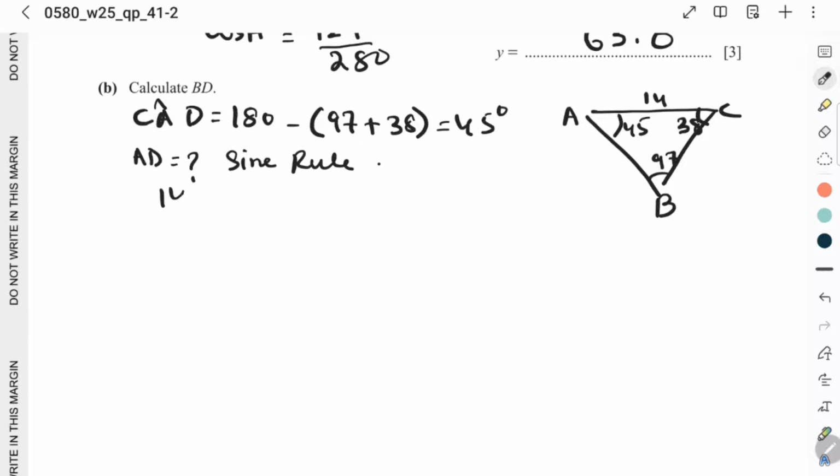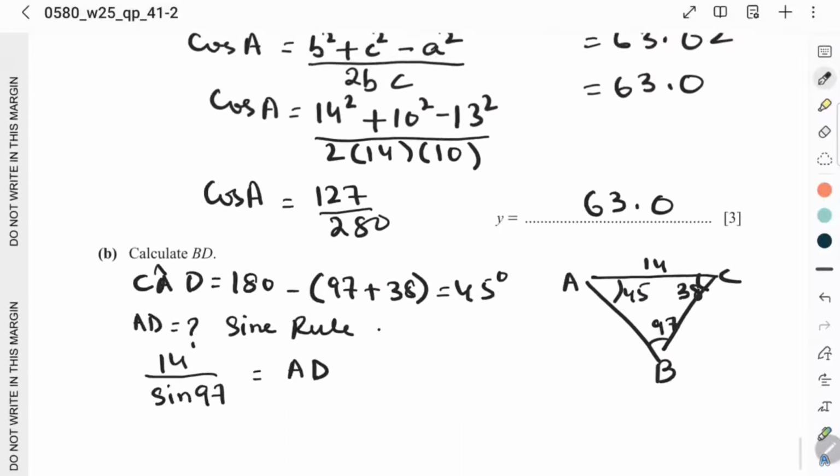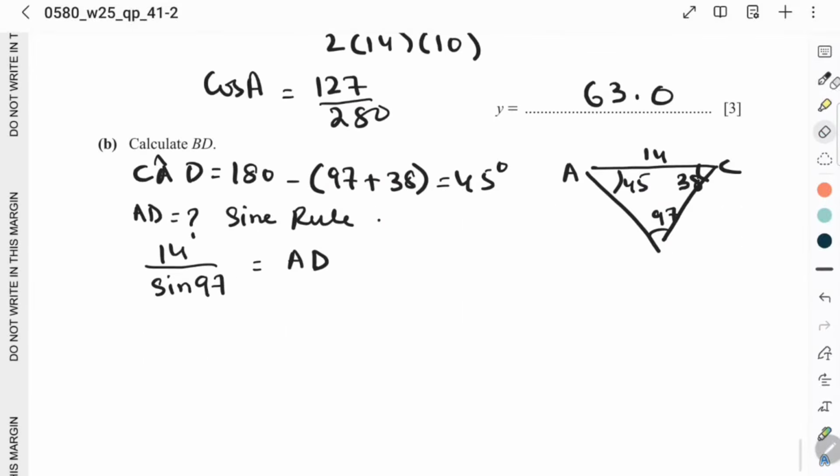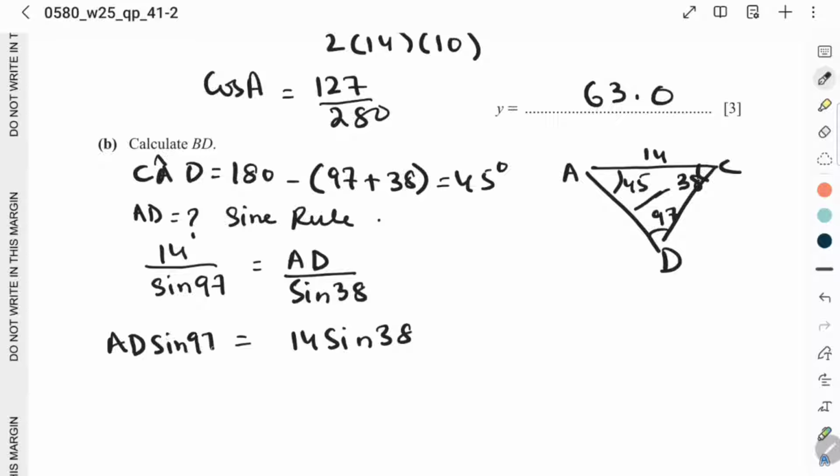14 upon sine 97 equals AD upon sine 38, since AD is opposite to the 38 degree angle. 14 sine 38 is equal to AD sine 97.